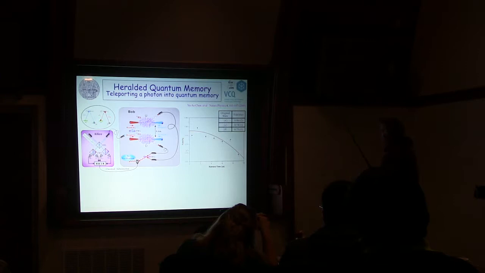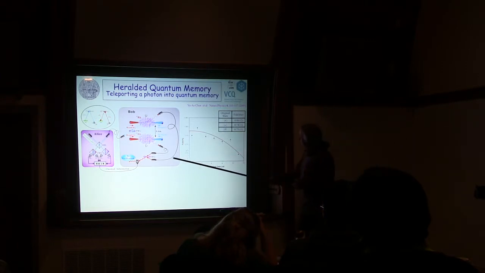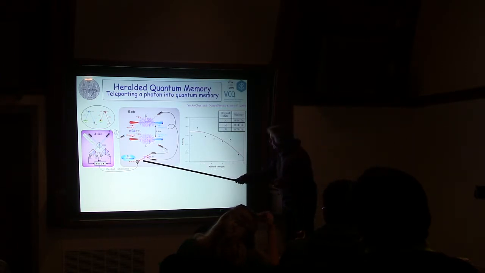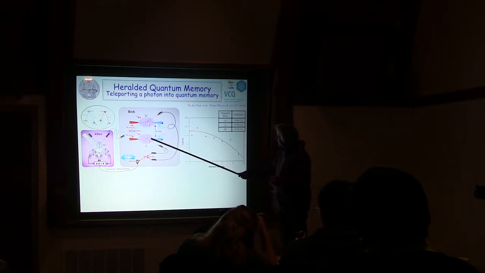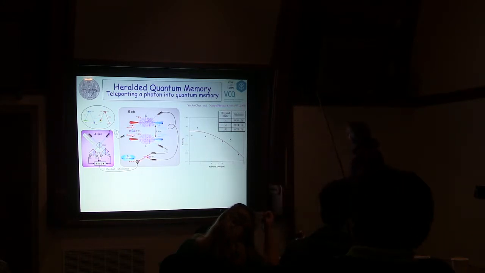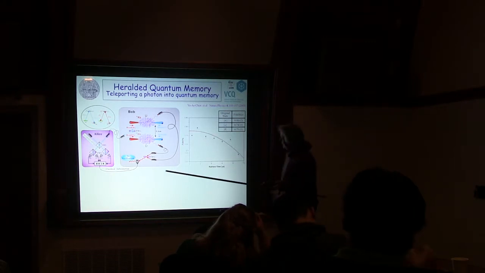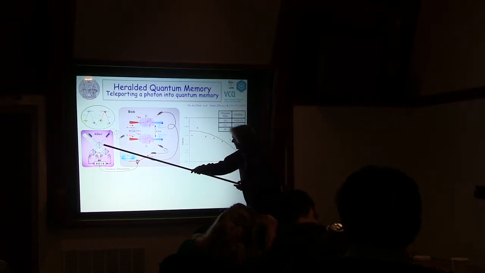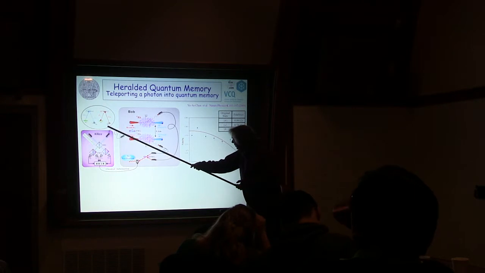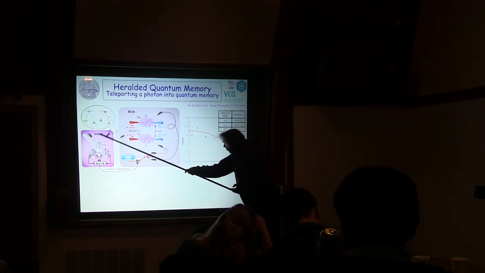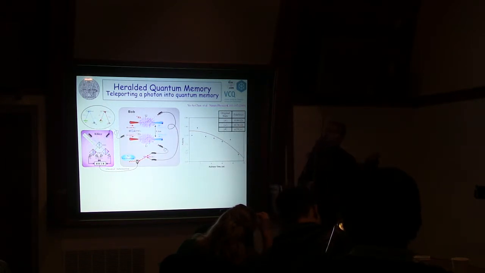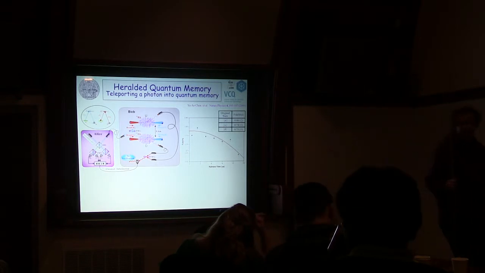The polarization of this photon is then entangled with the state of these 2 atomic ensembles. Then I can take another photon, make a Bell state measurement, and teleport the quantum state of this photon into the atomic ensemble. So you can write a quantum memory.